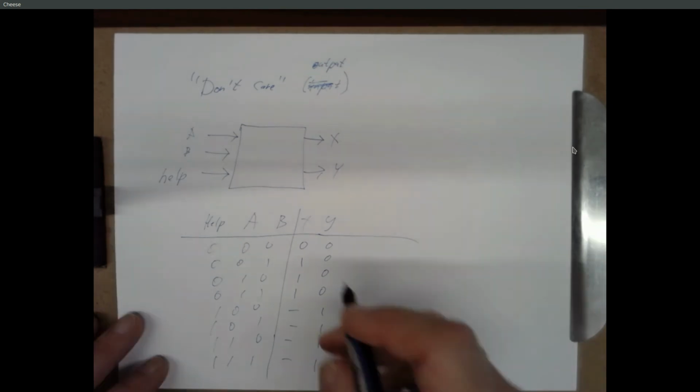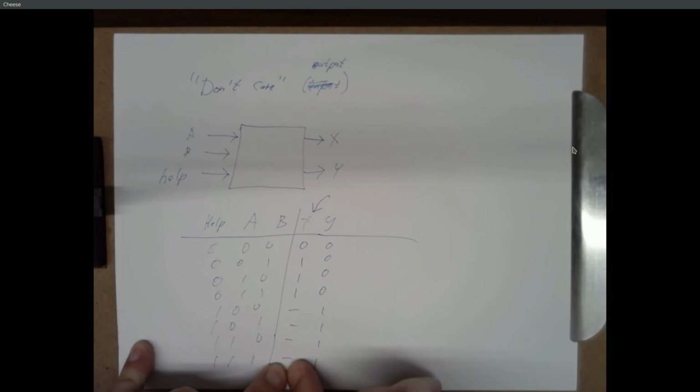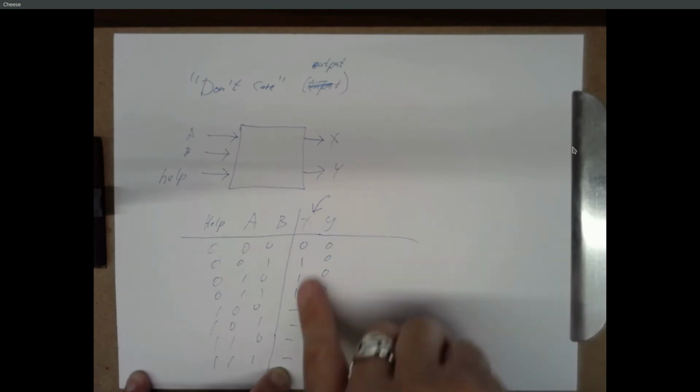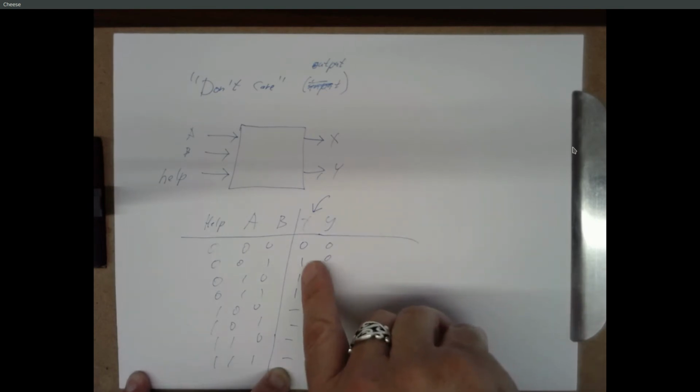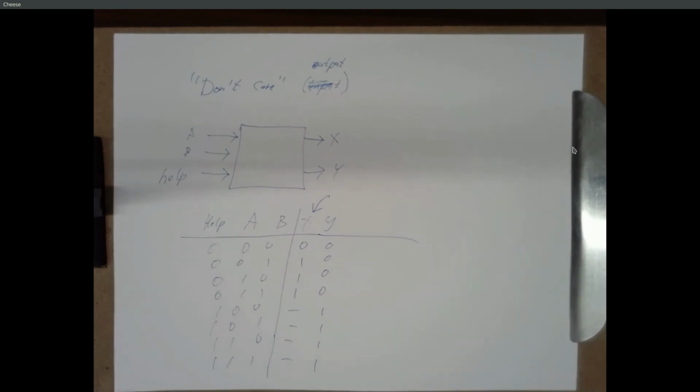So if we were to try to write an equation for X, we could do the regular sum of products thing. But what are we going to put down here? Are we going to put down 0s or 1s? Well, if we put down 1s here, then this output X is going to be the sum of min terms 1, 2, 3, 4, 5, 6, 7. It's going to be 7 products getting added together. So we're going to need lots of AND gates, and a big OR gate that can take 7 things.